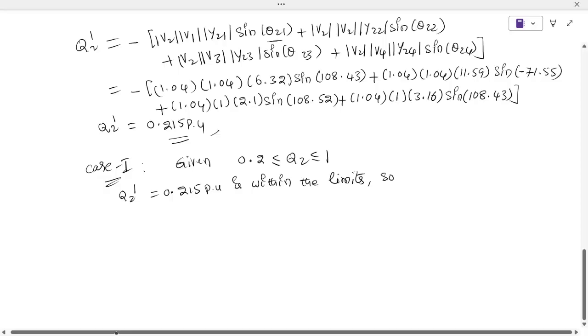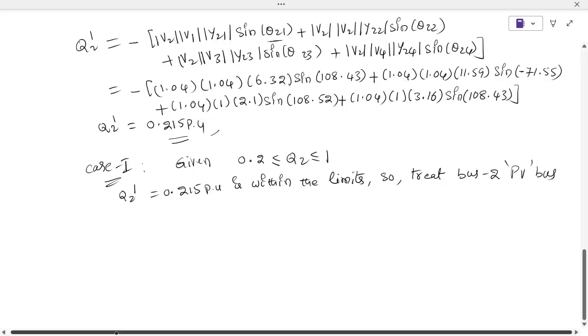As per this, we have already discussed this point in theory: if the calculated value is within the limits, then treat bus 2 as PV bus. Treat bus 2 as PV bus. Okay, why do we consider it as PV bus? Because the calculated value of Q is within the limits.